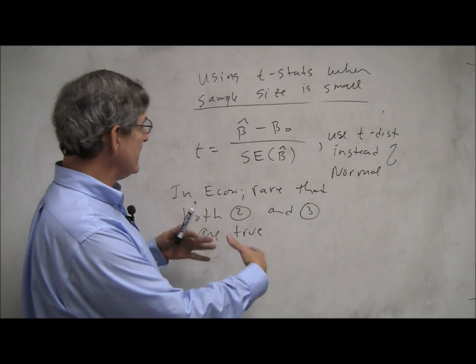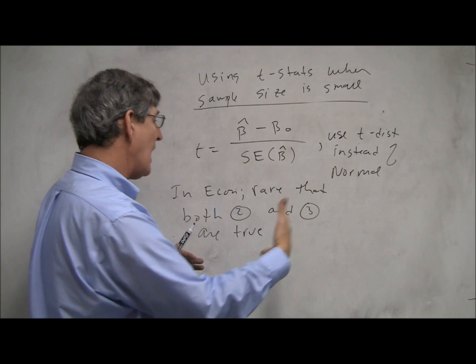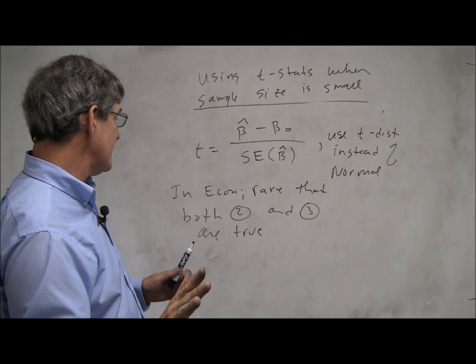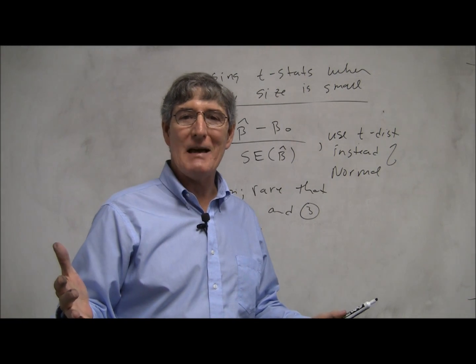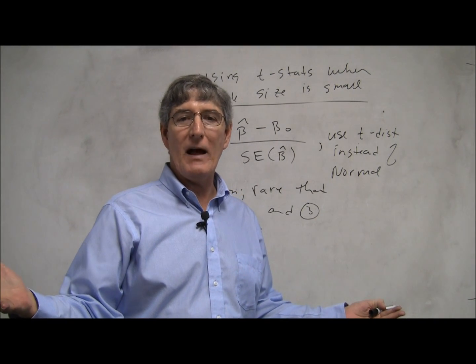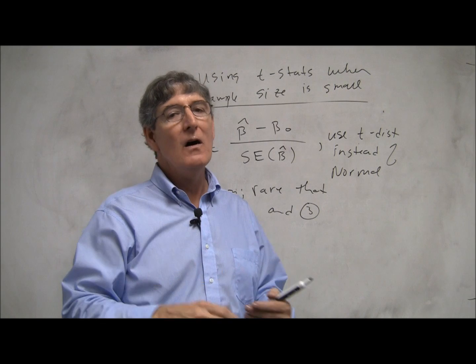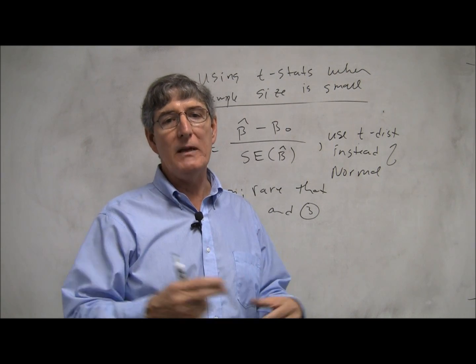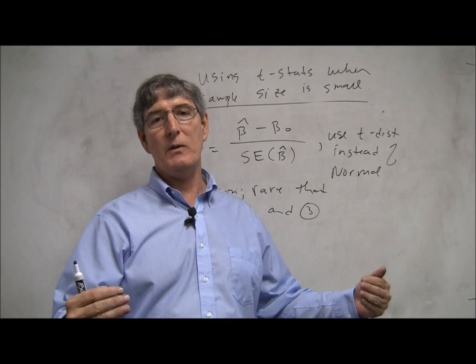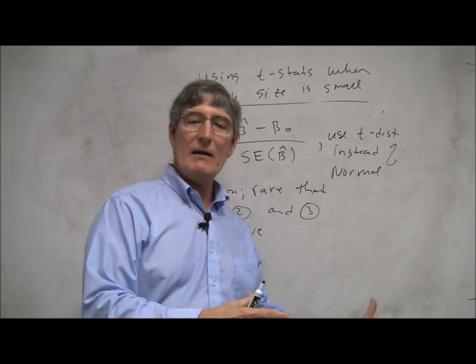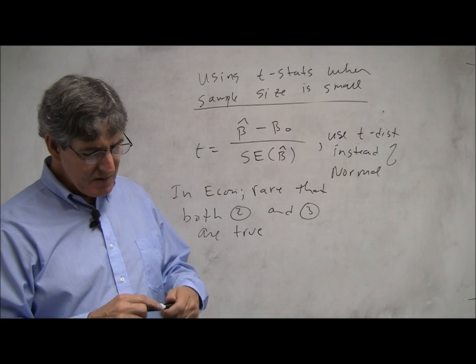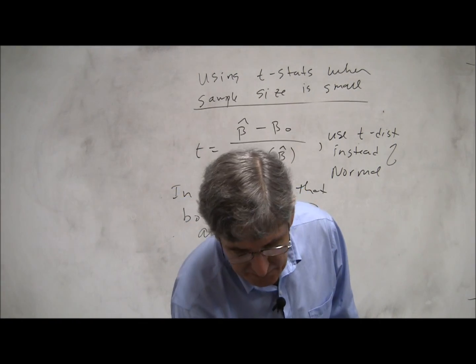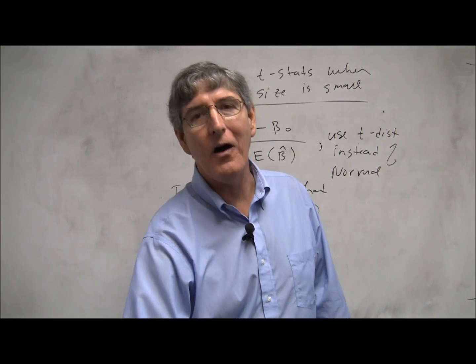There's ways to sort of get through this problem. They're too hard for us. And so what we need to do is just make sure that our sample sizes are bigger than 100 so we can rely upon the normal approximation, or have darn good reason to believe our errors are normal and that we have homoscedasticity if we have a small sample so that we can actually use the t-distribution. But most of the time, you just don't want to use the t-distribution at all.